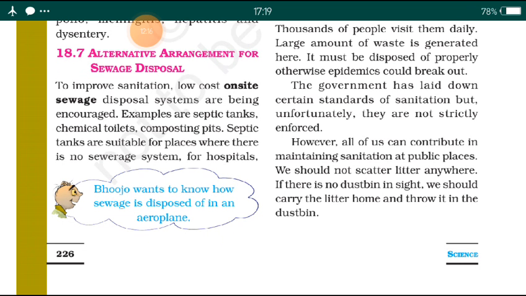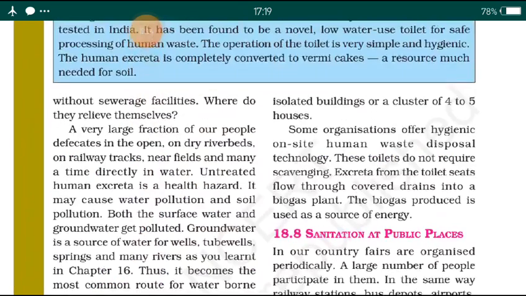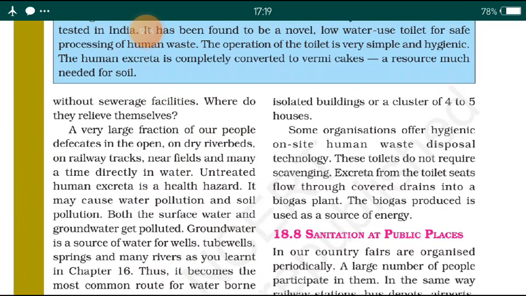Septic tanks are suitable for places where there is no sewerage system, for hospitals, isolated buildings, or clusters of 4 to 5 houses.